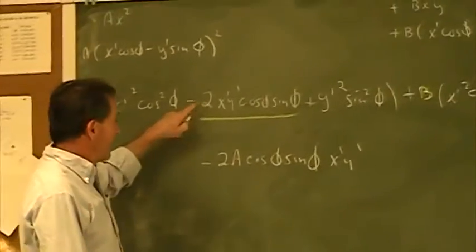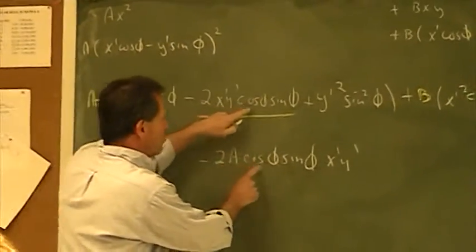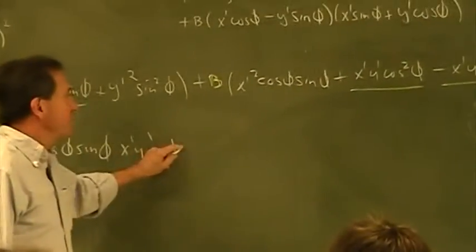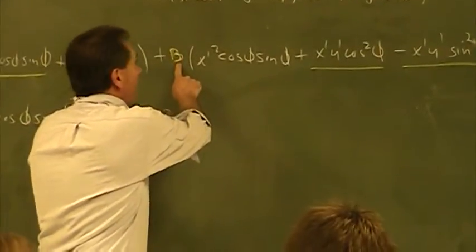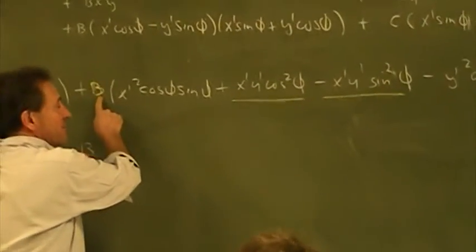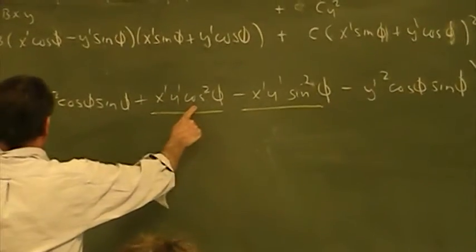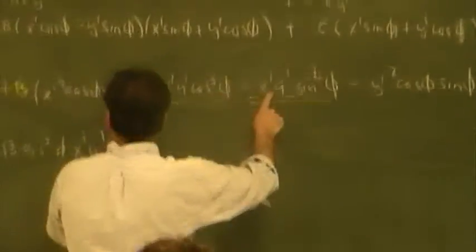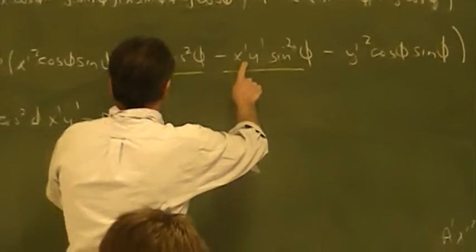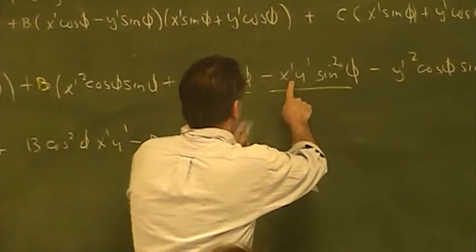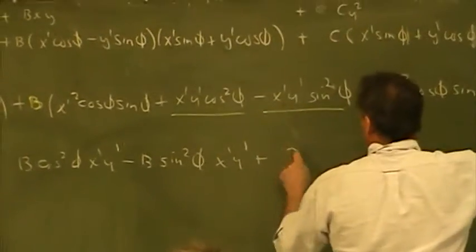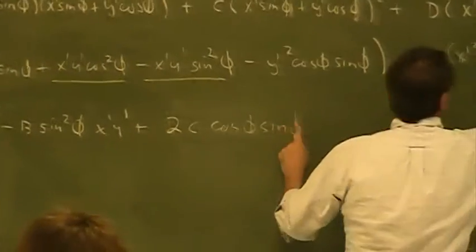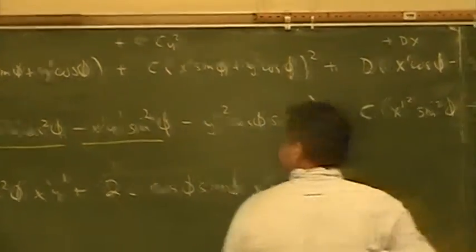A times negative 2 cosine sine x prime y prime, plus b times cosine squared x prime y prime, minus b times sine squared x prime y prime, plus 2c cosine sine x prime y prime.